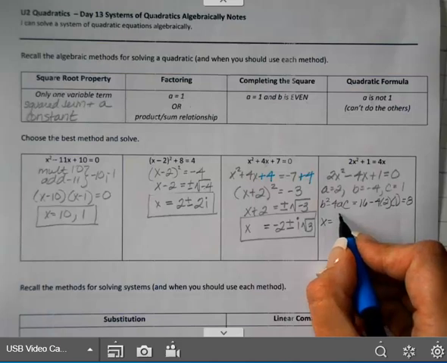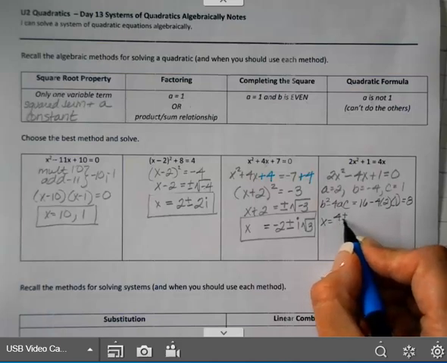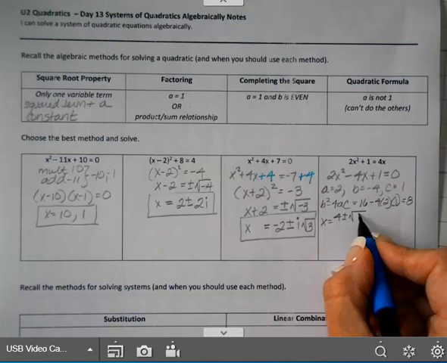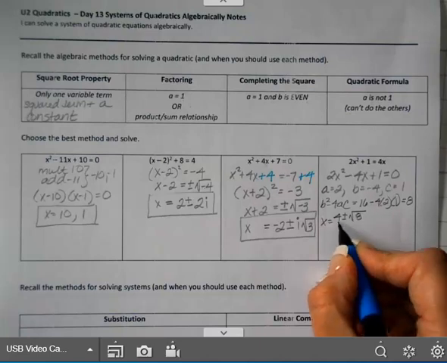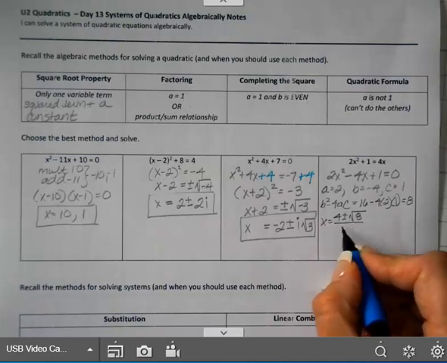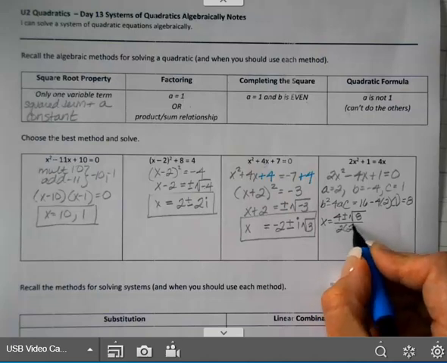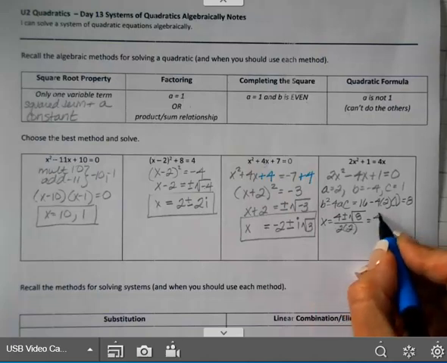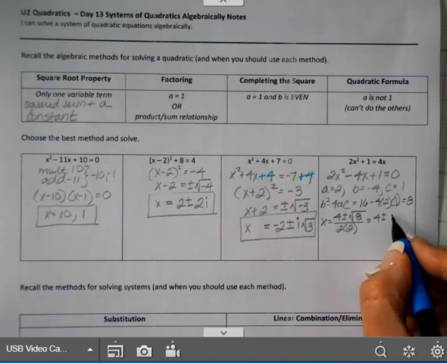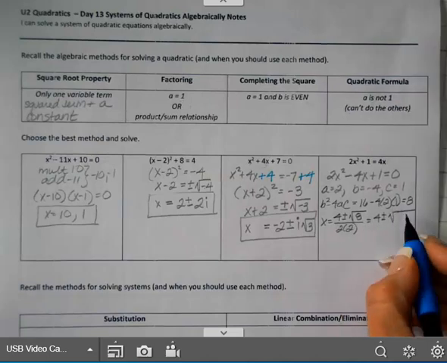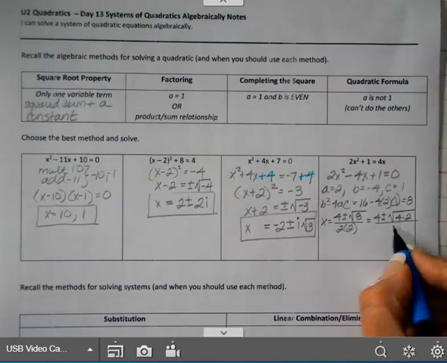So the opposite of b plus or minus the square root of b squared minus 4ac, which we already found is 8. And that is all over 2 times a, which is 2. Perfect square that goes into 8 is 4. So I'm going to write that as 4 times 2.